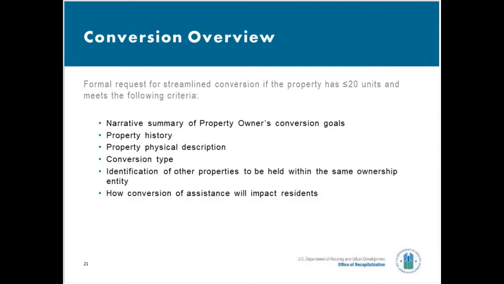And on the RAD resource desk, you're going to have the option to select whether you're interested in doing a PBV, project-based voucher, or a PBRA, project-based rental assistance contract. In addition, you're going to include the identification of other properties, and we would love to know how this conversion of assistance will impact the residents at your project or property.